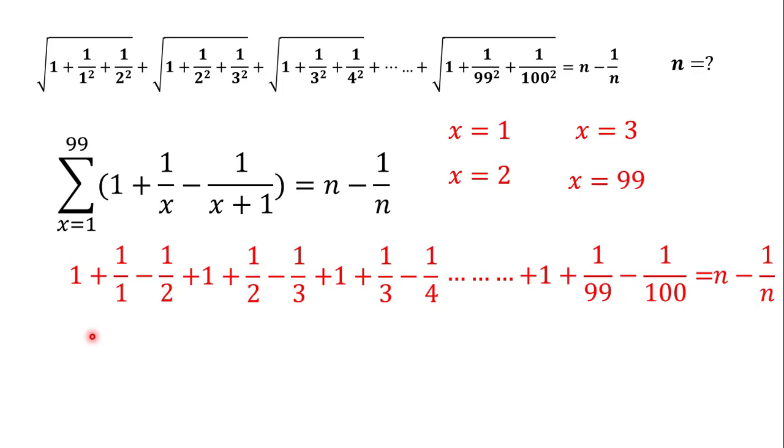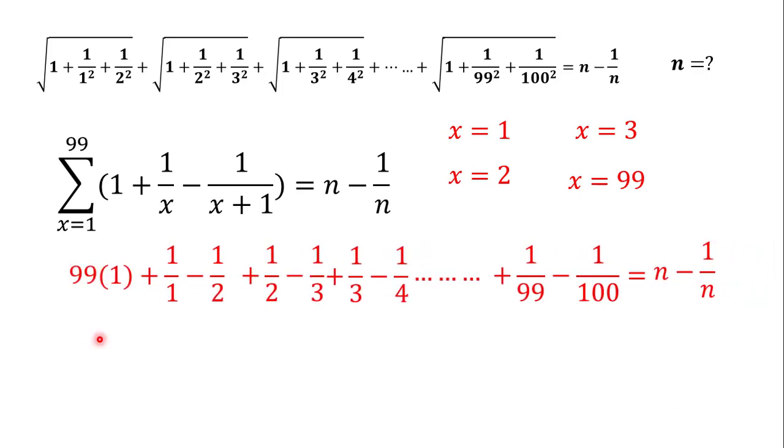Now, as you can see, we have 99 ones, and to add all the ones, we can write 99 times 1. Also, negative 1 over 2 and 1 over 2 cancel out each other, and also negative 1 over 3 and 1 over 3 cancel out each other.